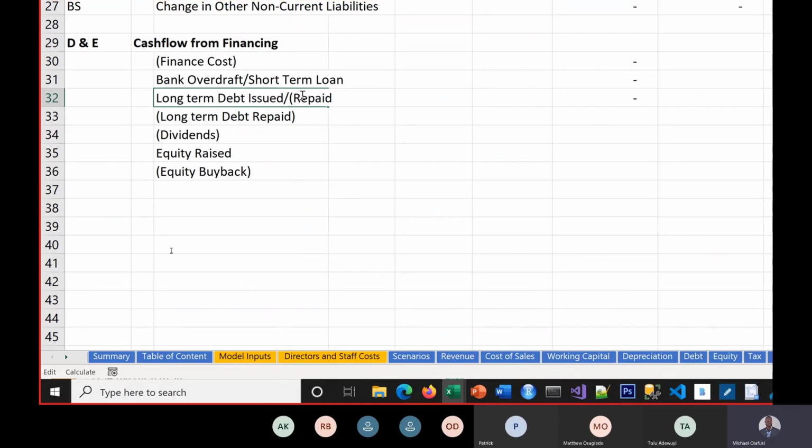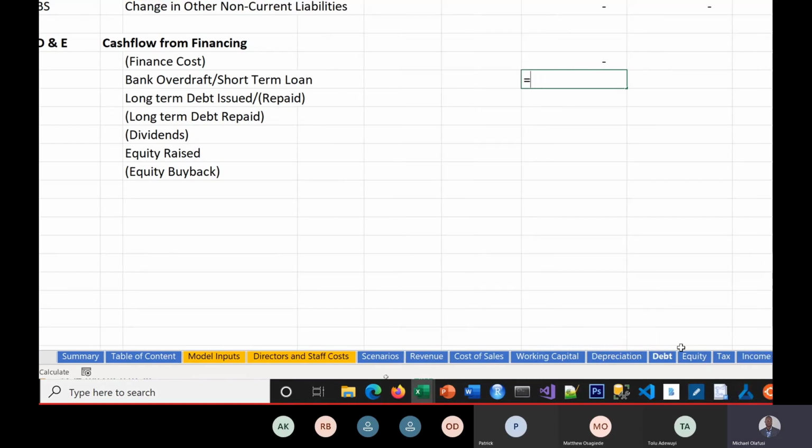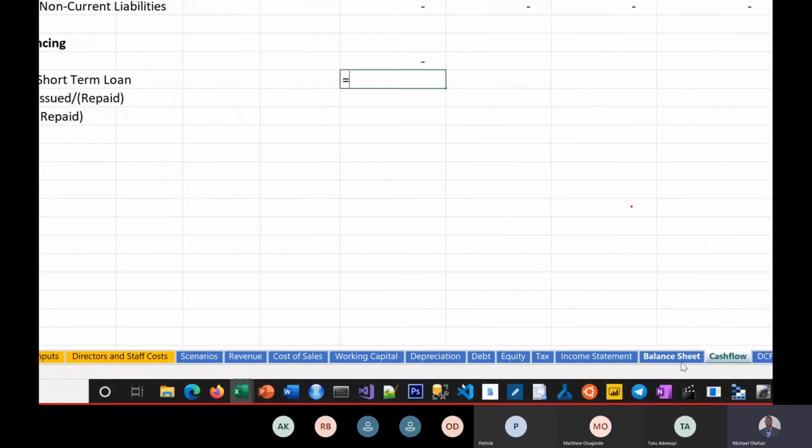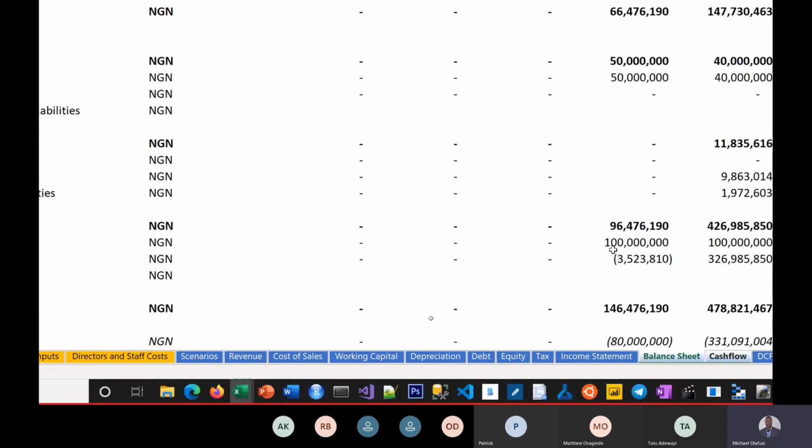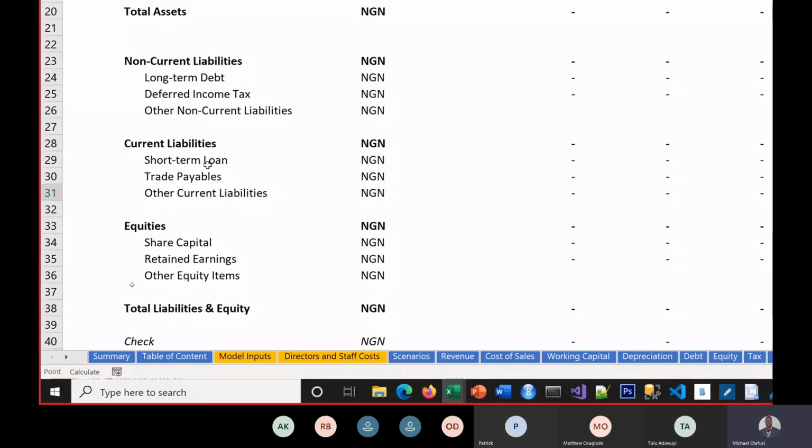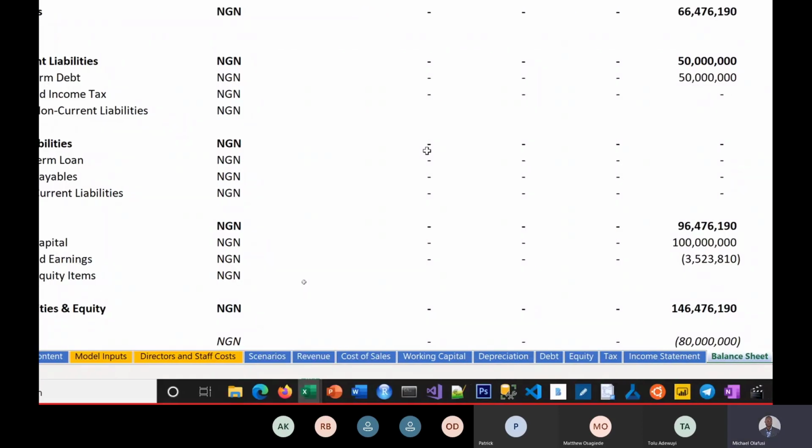Sorry, there's something I've been doing wrong so far. For the loans, you need to take the differentials, because it is a liability. When it goes up, it is more cash to you. So it's the differential I should have taken. Just remember that now. Sorry about that. So for the short-term loan, it is this year minus last year.